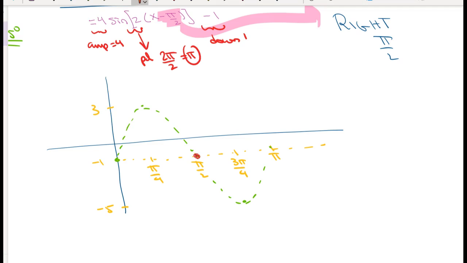This point goes here, right? This point comes here. I'm going to have to add some more. The axis of the wave. 5 pi over 4, 6 pi over 4, which is the same thing as 3 pi over 2, 7 pi over 4, right? 4 pi over 4, 5 pi over 4, 6 pi over 4, 7 pi over 4, and then 8 pi over 4, or just 2 pi.